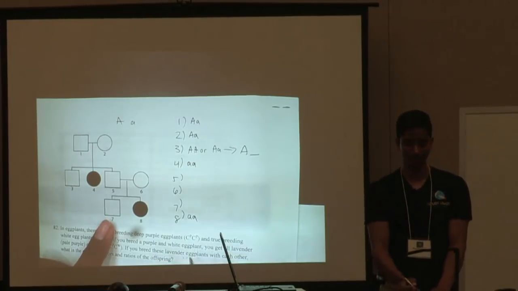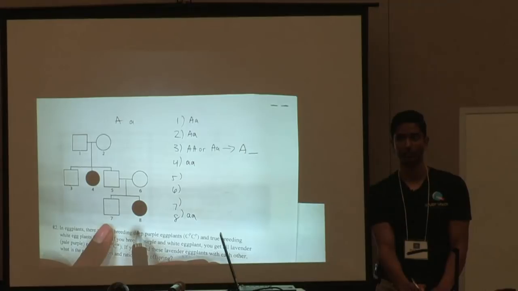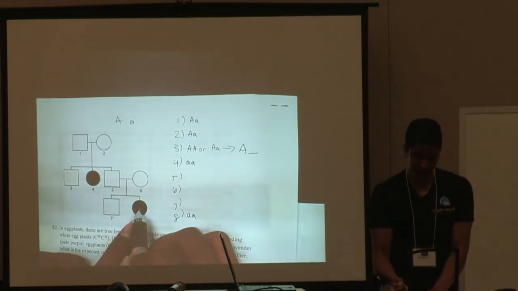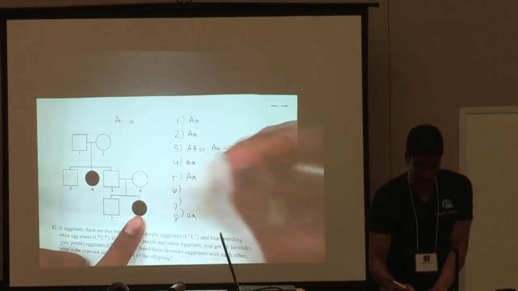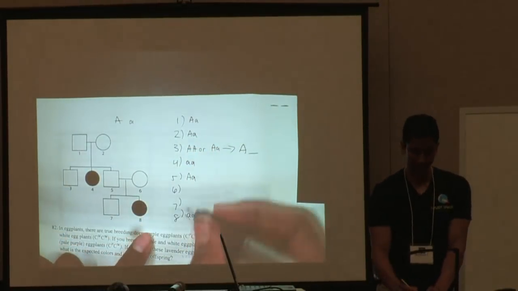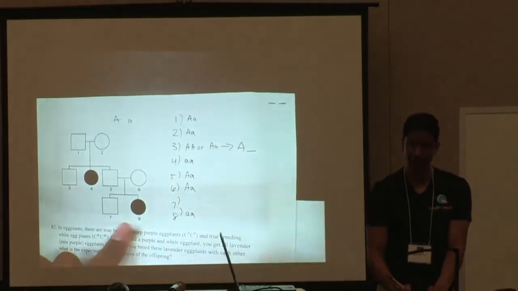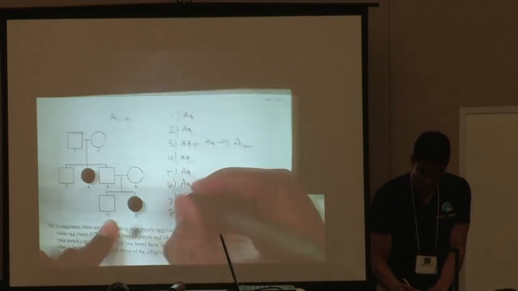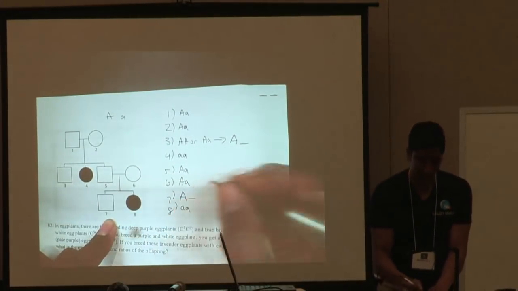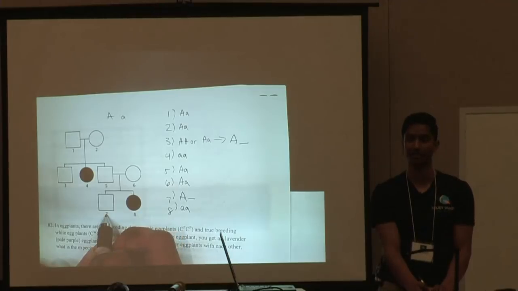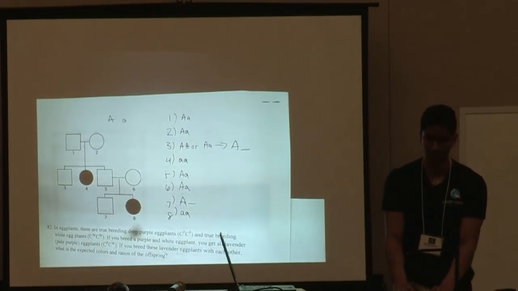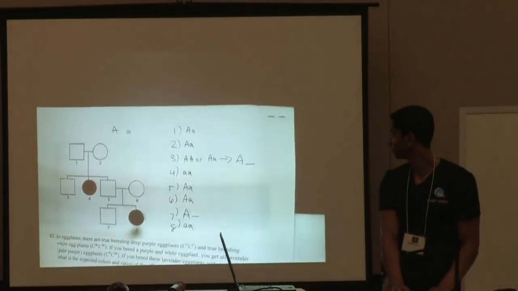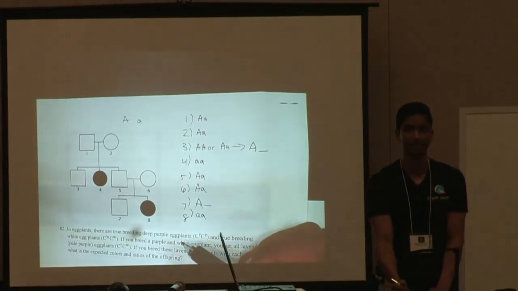So it could be the same thing, but what do we know that makes it? So it's heterozygous, right? They have a kid that has the trait, so it has to be heterozygous. What about 6? What does 6 have to be? And 7? Either or, right? Because we don't know if this one has kids and has a kid with the trait or not. So do 1 through 8 make sense?